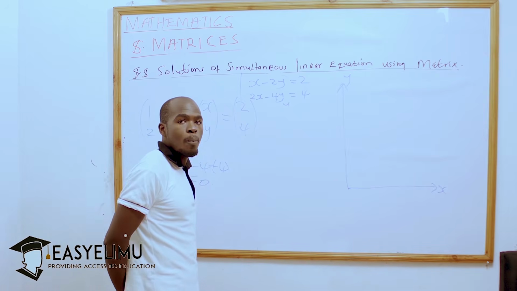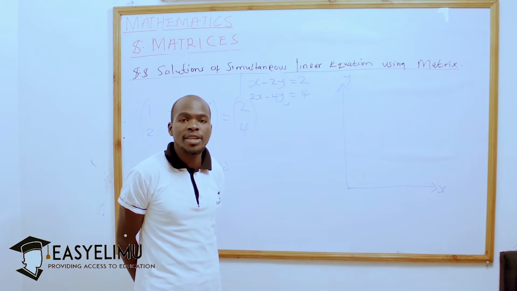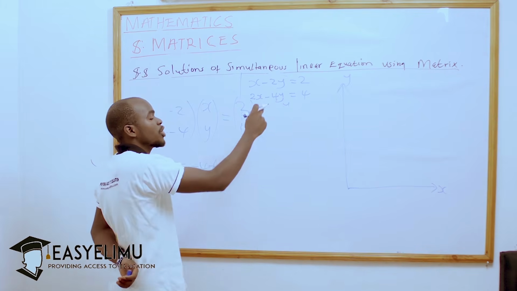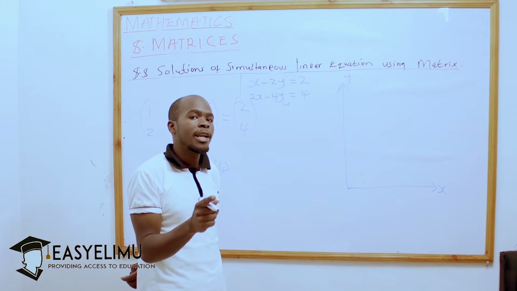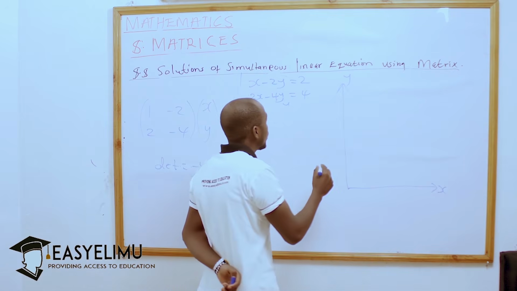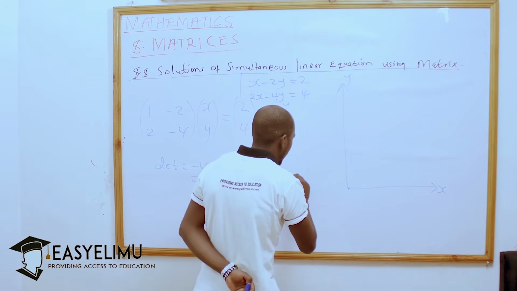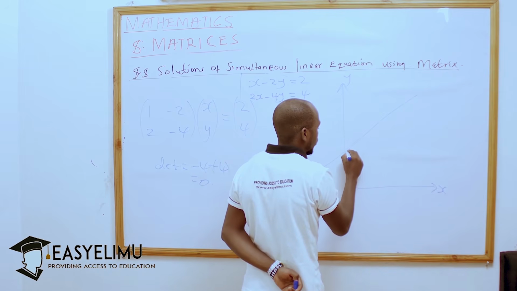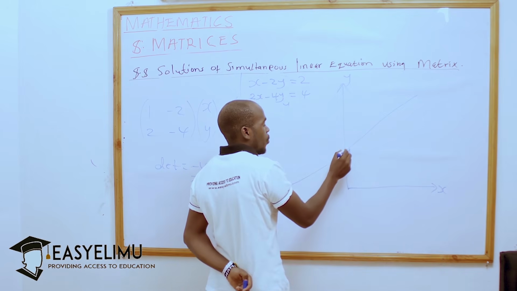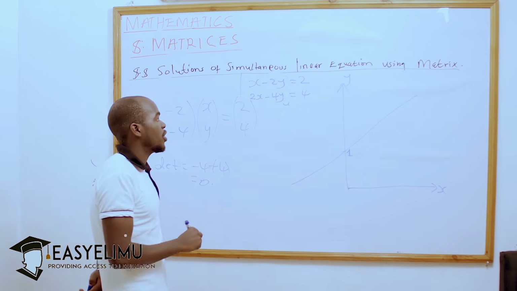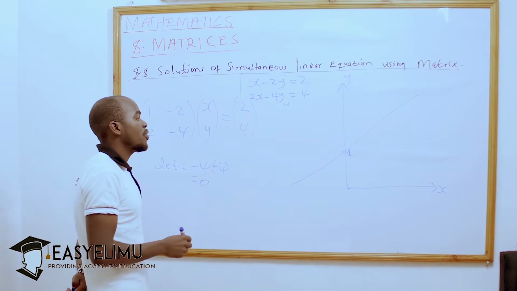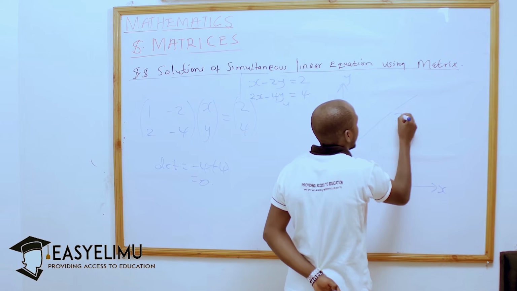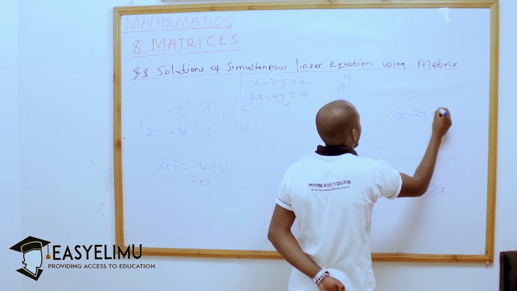you will find that those two equations merge with each other. You draw the first equation, and the second simultaneous equation will pass through each point the first equation passed. Both of them will be in this direction, and they will all pass through the point where y equals 1. The first equation here is x minus 2y equals 2.